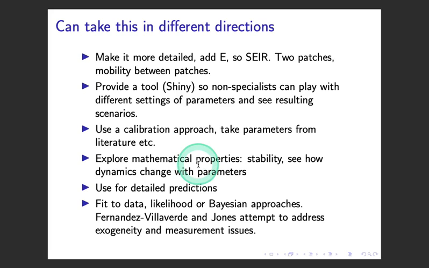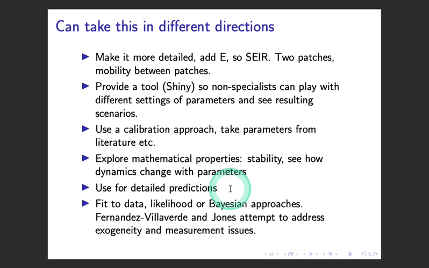Then, if you're a mathematician, you can say, okay, if the parameter varies between so and so, then you have these features of the system. You look at stability, see how the dynamics change as the parameters change, etc.